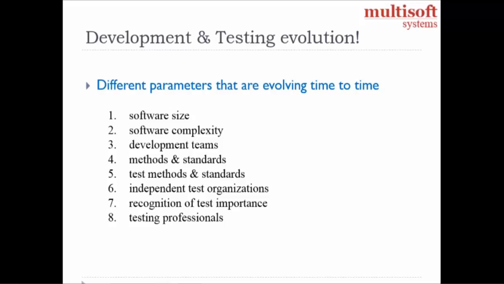The moment the size of the software increases, at the same time the complexity of the software also increases. If the size of the software increases, then there is a requirement for huge development teams. Then we require a lot of good methods and standards.